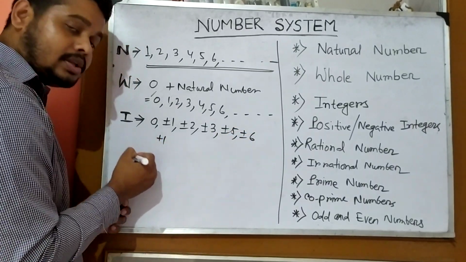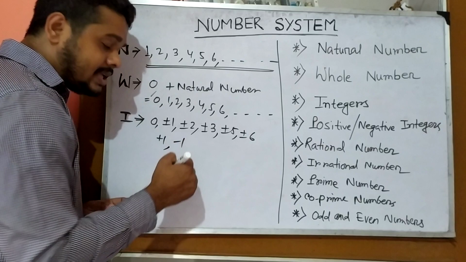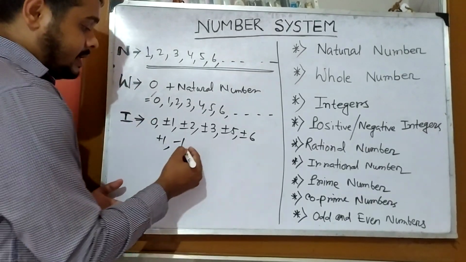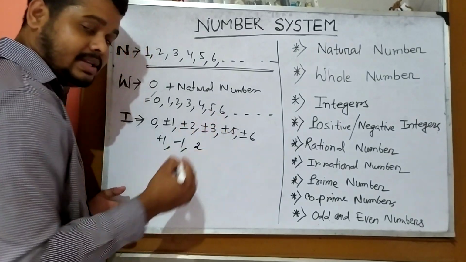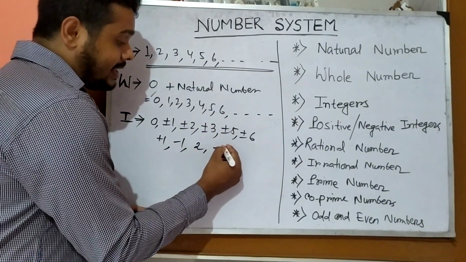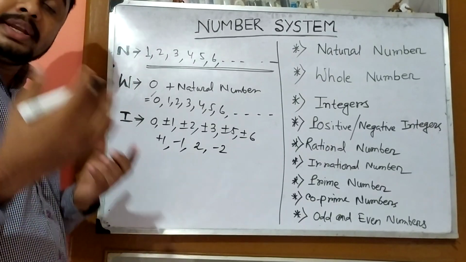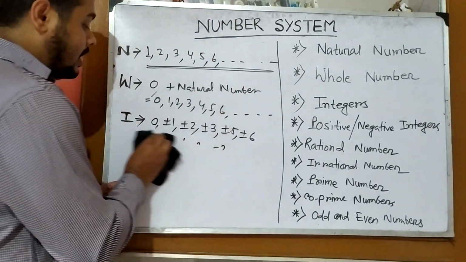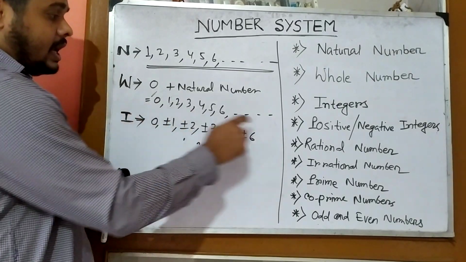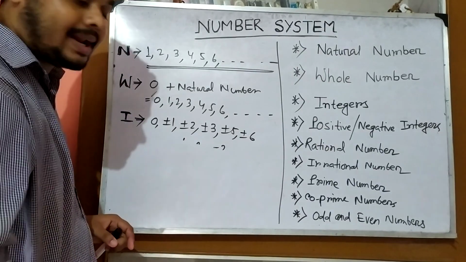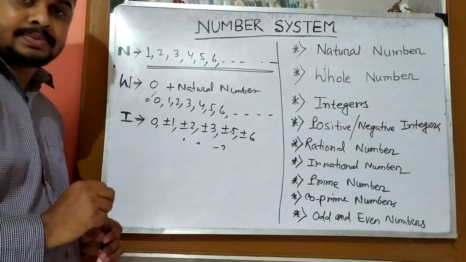So plus 1 is an integer, minus 1 is also an integer, plus 2 is an integer, and minus 2 is also an integer. In that way, all the positive whole numbers as well as negative whole numbers are called integers.